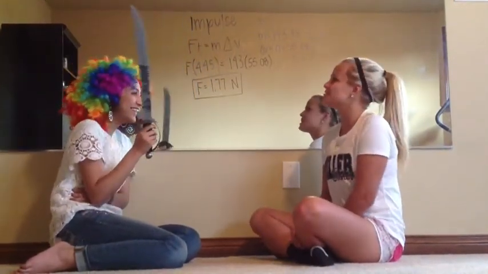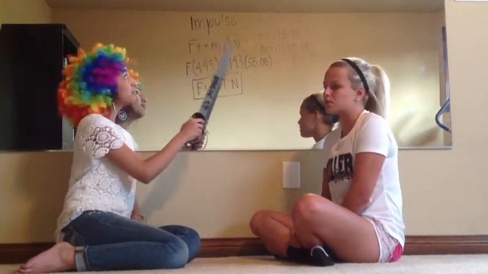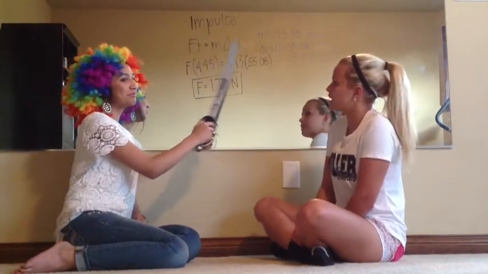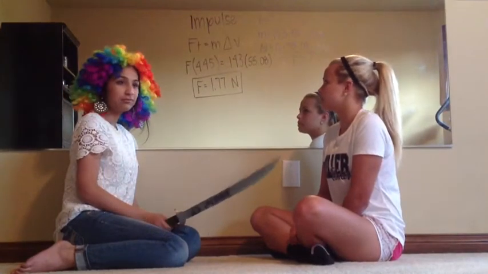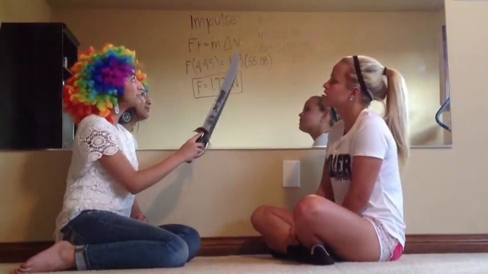So we also use the impulse momentum theorem to find force, because that's also going to have a big impact on where the ball is going to land and if it's going to hit him in the head. So the impulse equation is force times time equals the mass of the baseball times delta V, which is just the change in velocity.